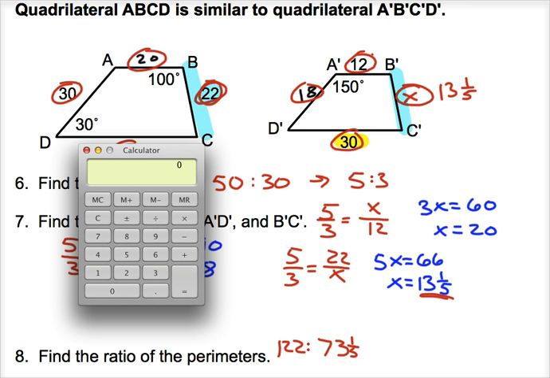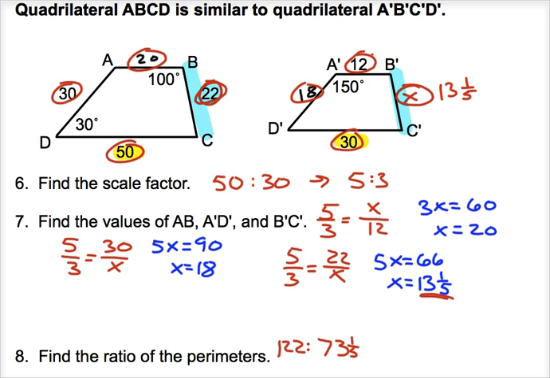So I'm going to take 122 and divide it by 73, and I know 1/5 as a decimal is 0.2, and I get 1.6 repeating, which I really know is the same as 1 2/3. But I can't have ratios as mixed numbers, so if I turn this back into a fraction, it's the same as 5/3, which would be 5 to 3.